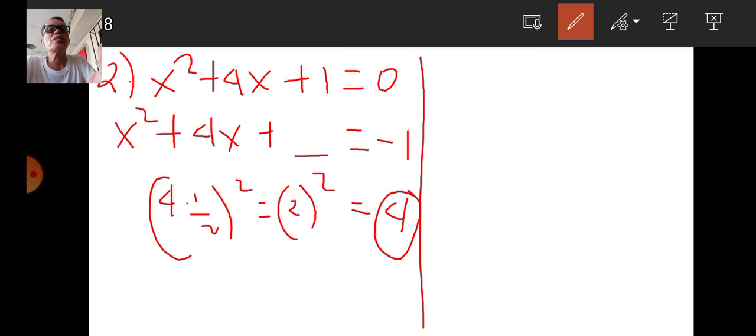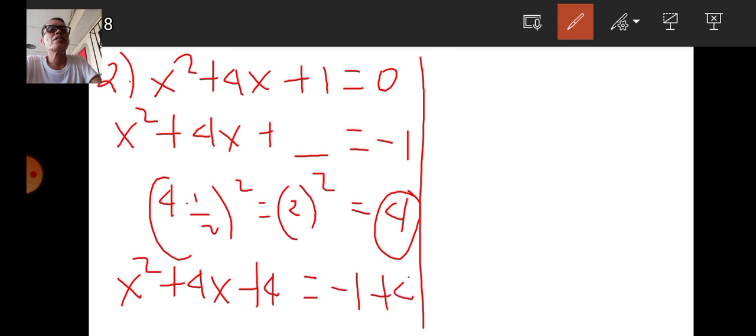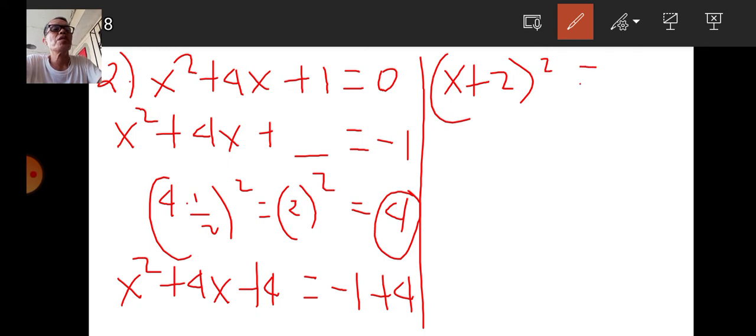So the equation now becomes x squared plus 4x plus 4 must be equal to negative 1 plus 4. Then factor the left side, you will have x plus 2 quantity squared must be equal to positive 3.